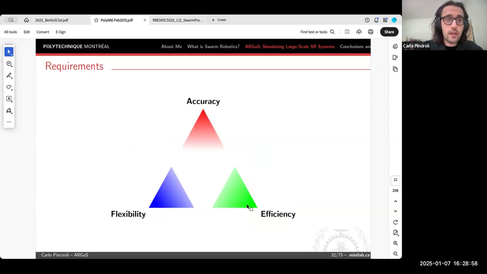Now, the question I have for you is, why do we want to do it efficiently in particular? I have another slide later that talks about this, but why do we need efficiency? And if you want, do you see other requirements as well that I'm not considering? Does anybody want to try?